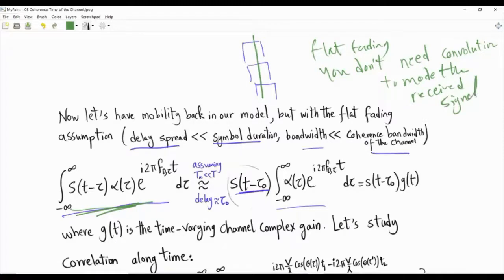What you need is basically a symbol multiplied by the integral or the sum of basically the alphas, and now I am restoring basically this dependence on time, because this is the game actually, right? It's a model of a communication system in which the terminals are moving, scatterers are moving, and so forth.